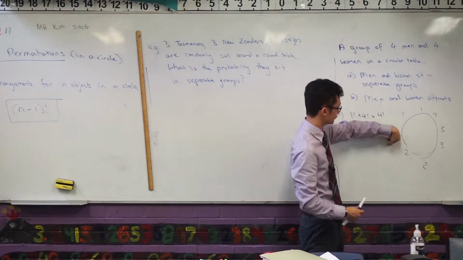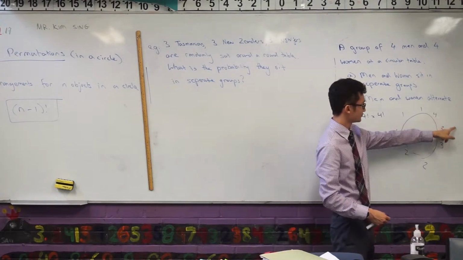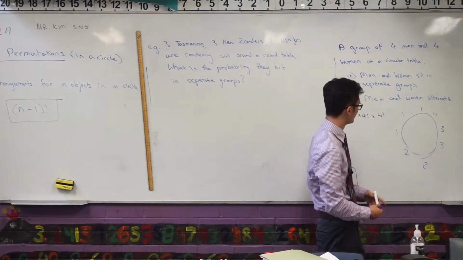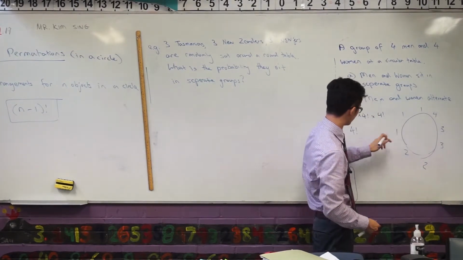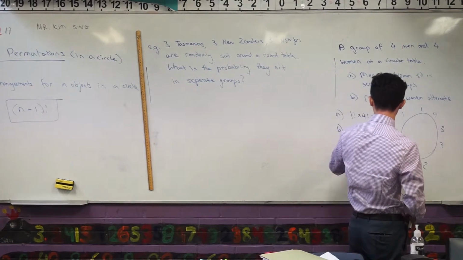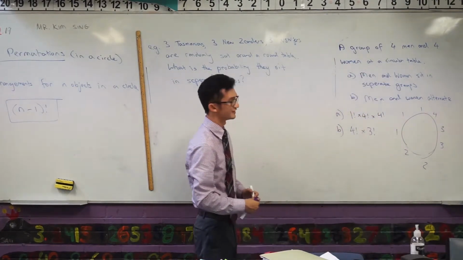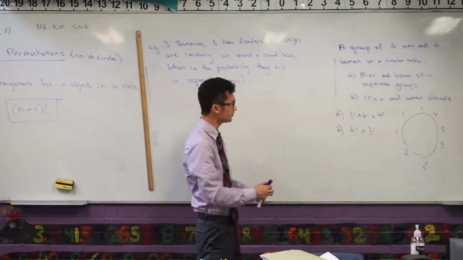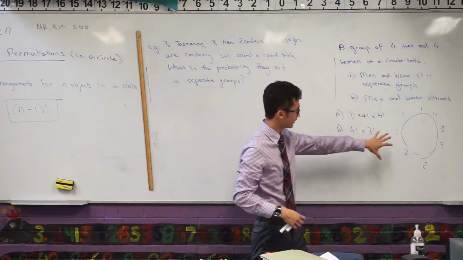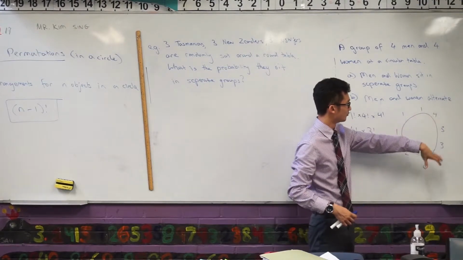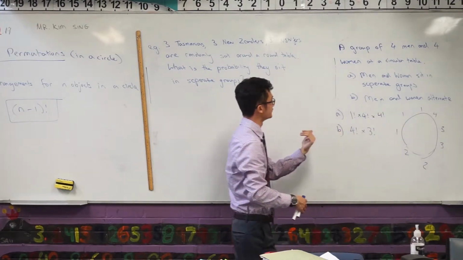And you have this nice little pattern here. You'll notice that if you just take every second number, well, that gives me 4 factorial. And then over here again, that gives me 3 factorial. So that's 4 factorial times 3 factorial. And that's how you get that answer there. So we want to be comfortable with drawing our positions and grouping them together, but we also want to be comfortable with this notation where I'm writing how many choices do I have for each seat.